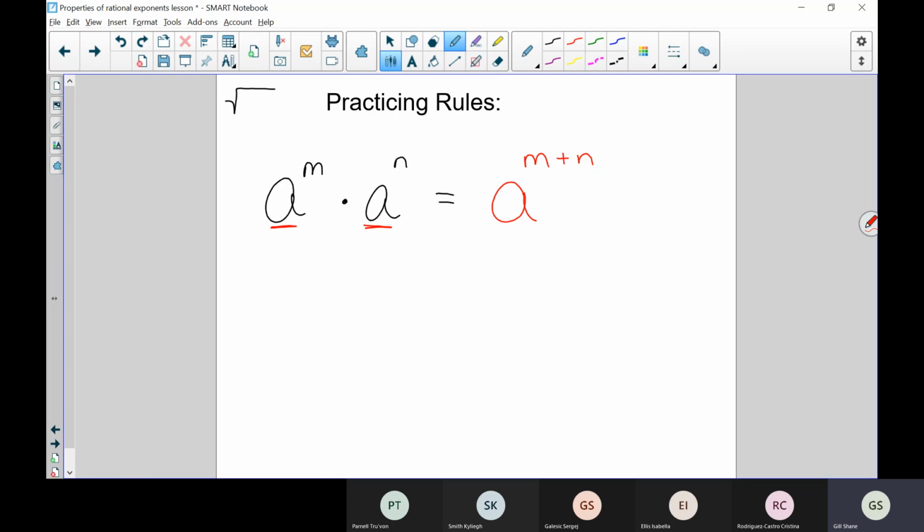So anyway, that's what the rule says right there. If we have the same base, we're multiplying terms, we can just add the exponents.